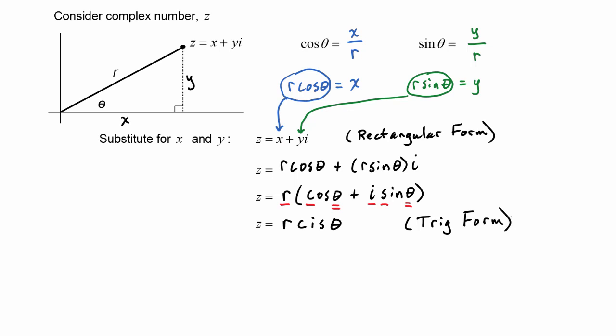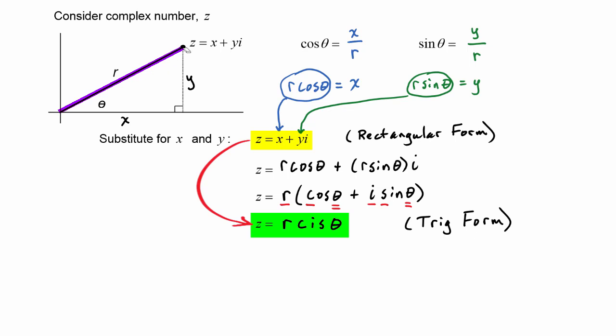So this is the same complex number, z, that we had earlier in rectangular form. So z is equal to x plus yi. That's the rectangular form of this complex number. Or, equivalently, we can say z is equal to r cis theta in the trig form.